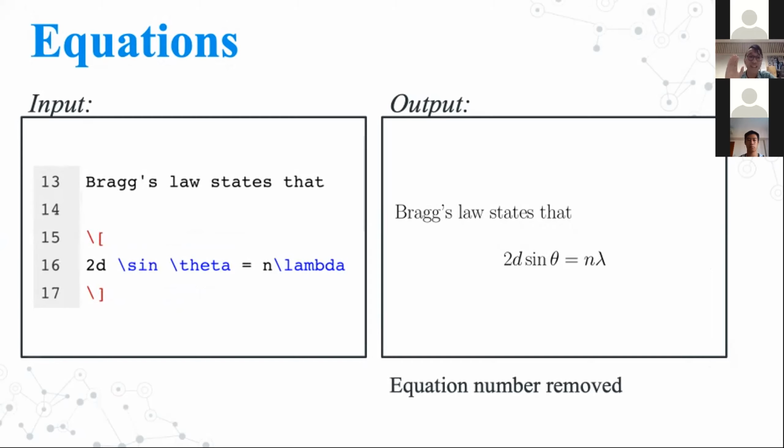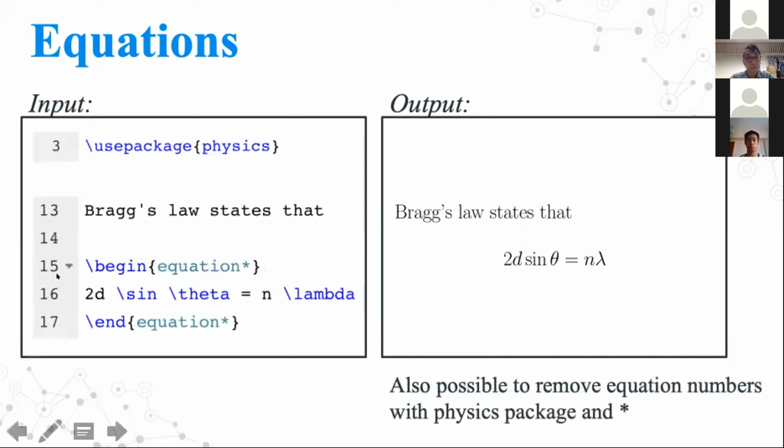Other than that, remember when I told you all the physics package is very, very useful. If you don't want to bother with this square brackets thing, you can also just add an asterisk sign in front of your begin equation. Whenever you add this asterisk sign, like in your functions, it's basically telling LaTeX, I want to change the environment slightly, or completely, for example.